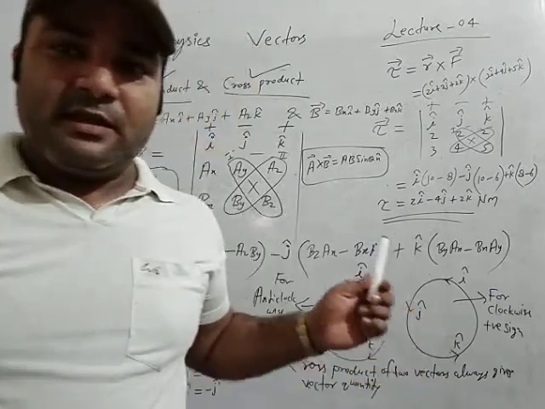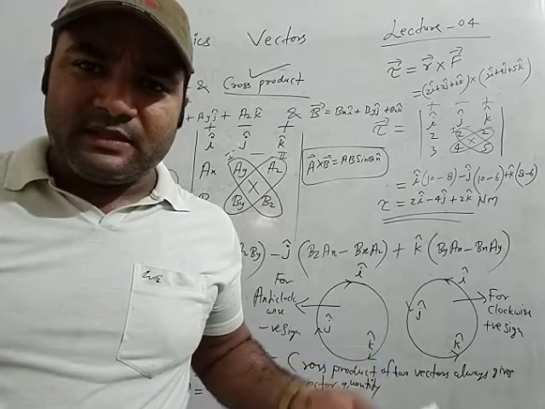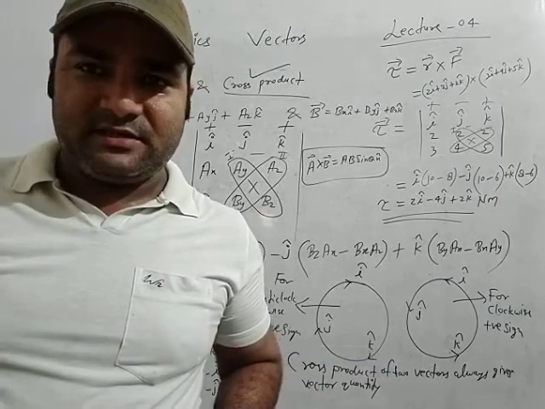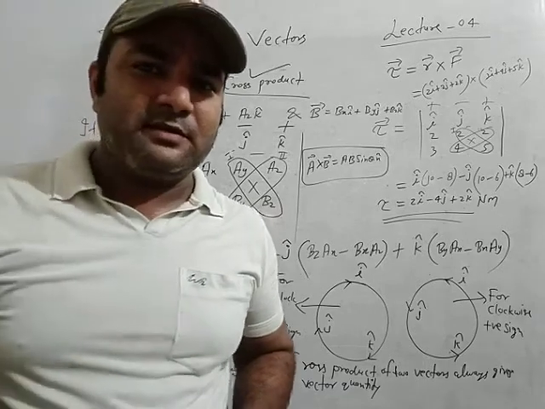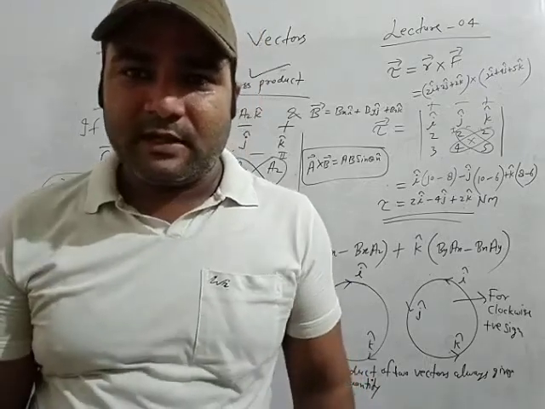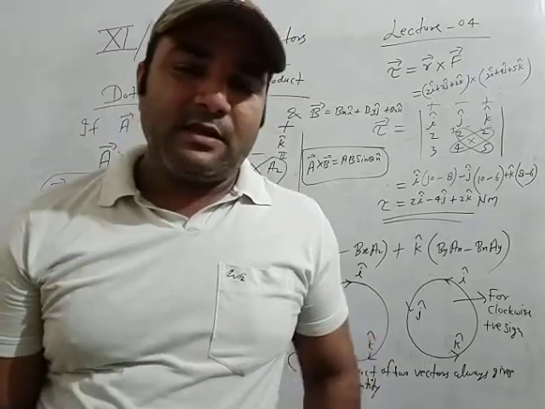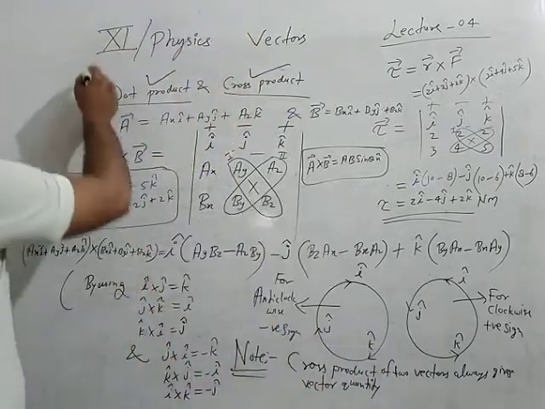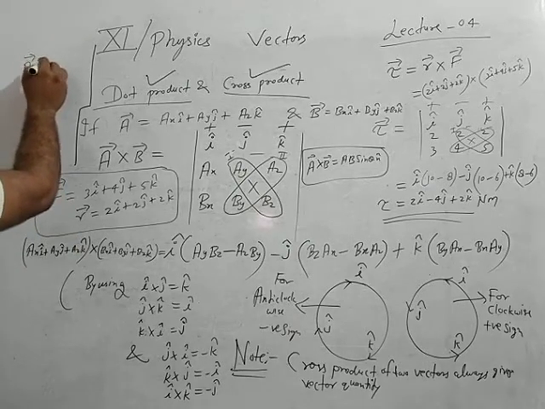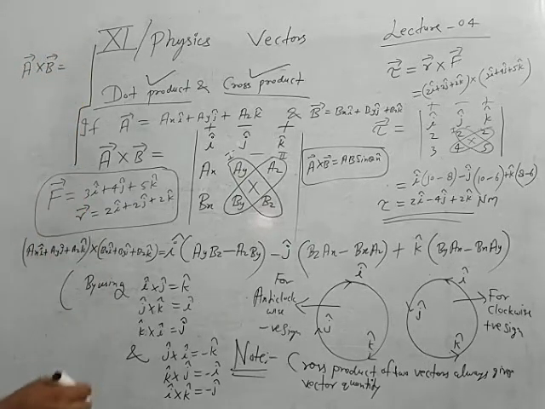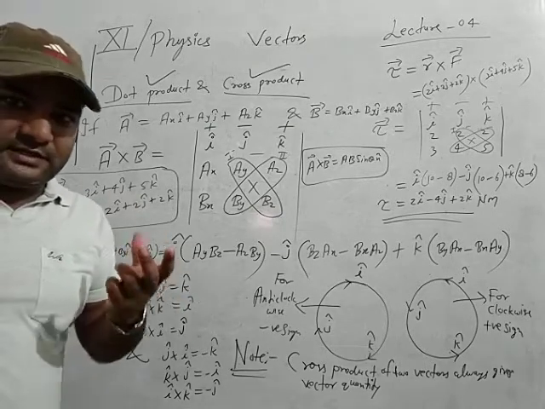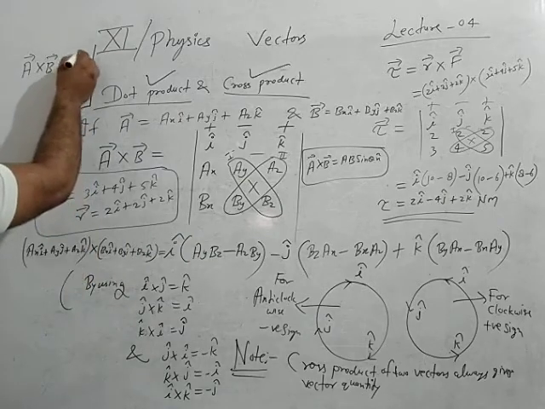So in case of cross product there is a concept of unit vector, but in case of dot product there is no concept of unit vector. When you obtain a dot product, it is a scalar quantity, so no need of further calculating a vector quantity. But in case of cross product, suppose you obtain the cross product of two vectors A cross B, and the quantity is represented as C, a vector quantity.